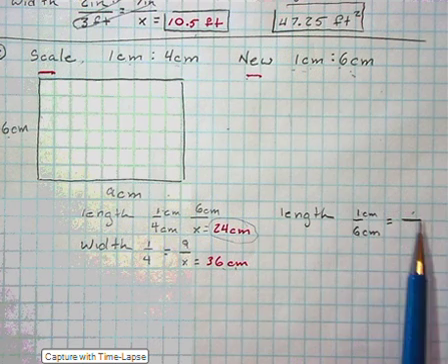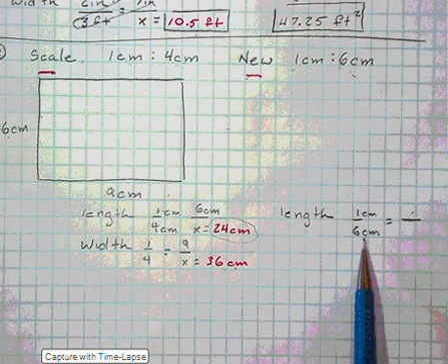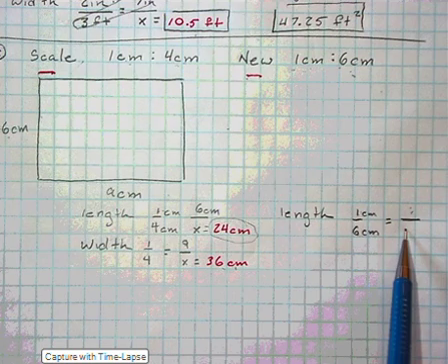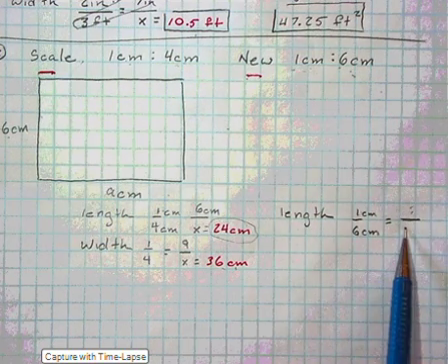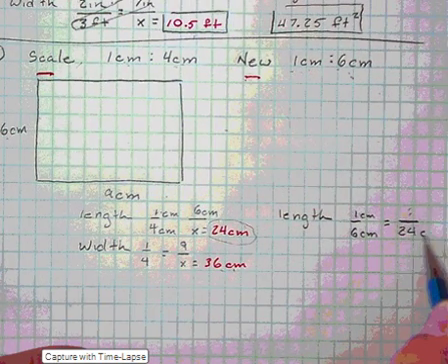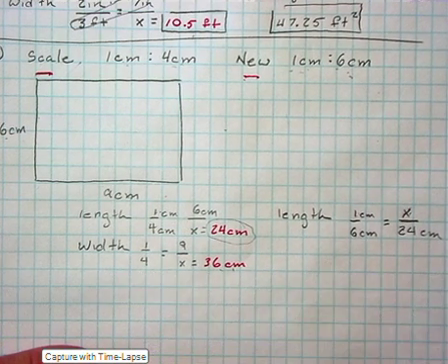My map distance is on top, my actual's on the bottom. So does 24 go on the top or the bottom of this new ratio? Go on the bottom. My goal is to find my new map distance.